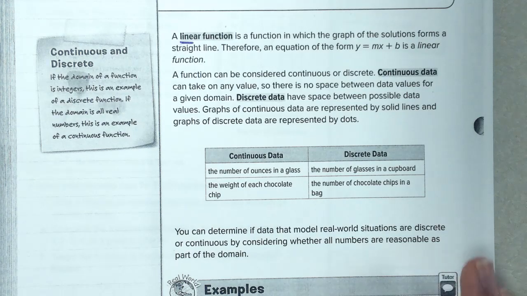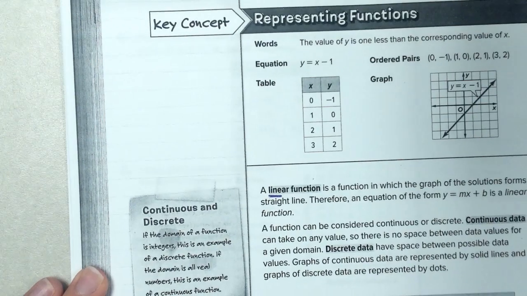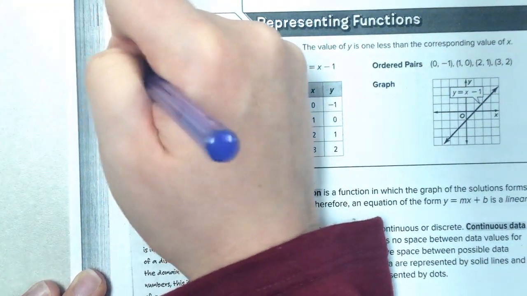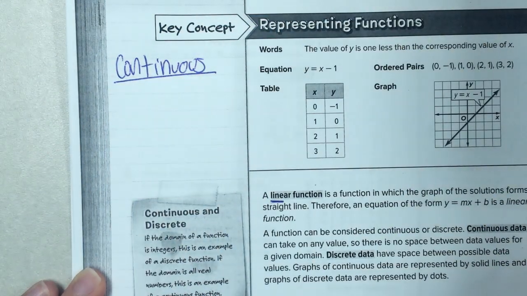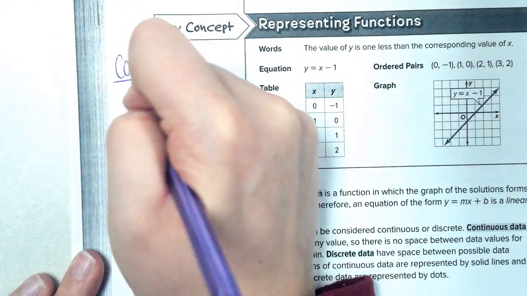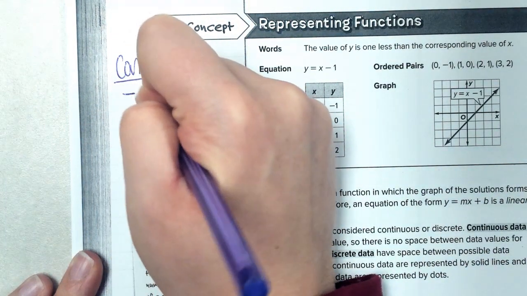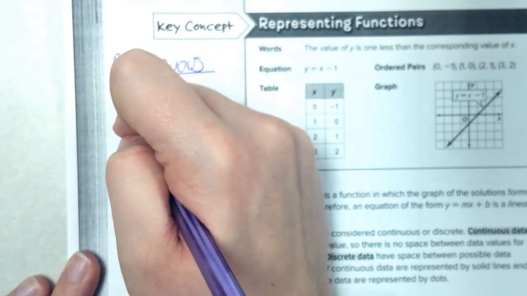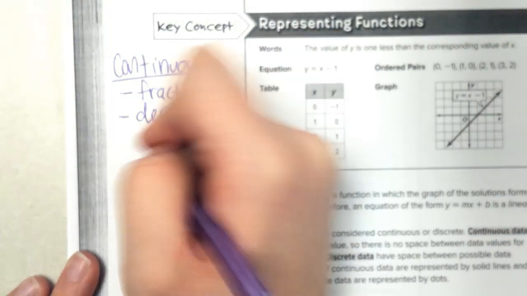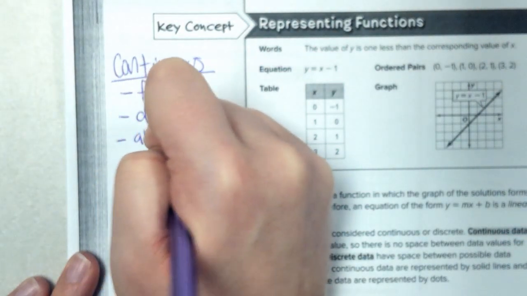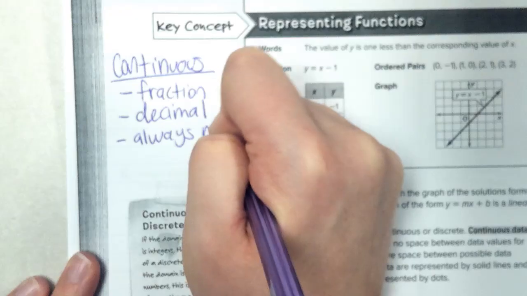So I want you to write this off to the side here. Okay, continuous, and you're going to put that continuous means it can be a fraction, it can be a decimal, and it means there's always more values.